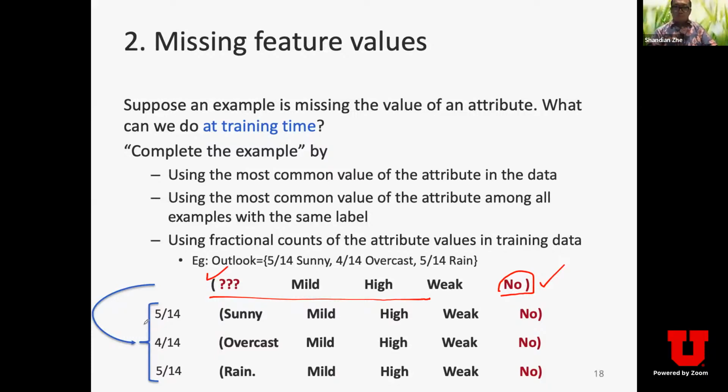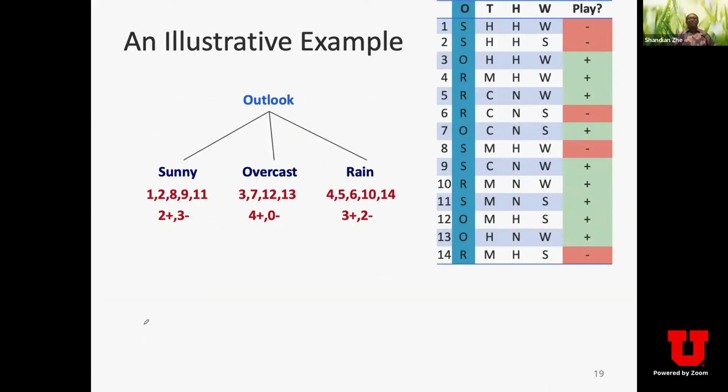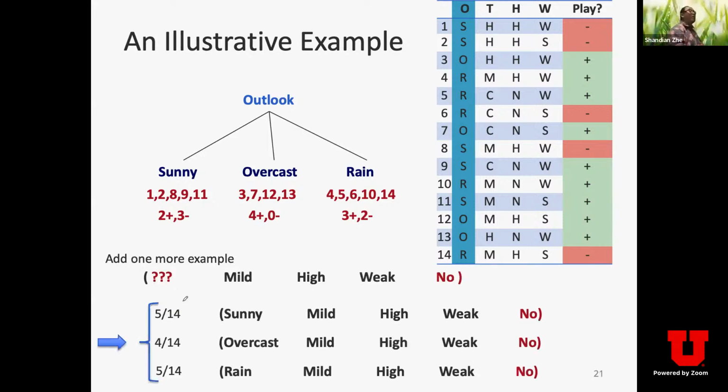So now let's see what will happen if we use outlook to split on the data set, if we add these fractional examples. We add one more example, this incomplete one, which as we mentioned we're going to split into 3 fractional examples.